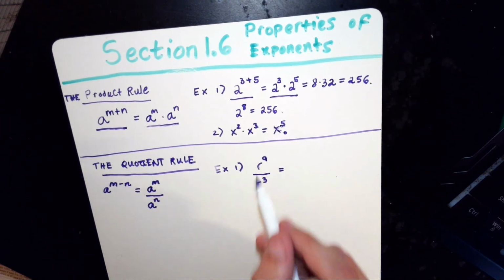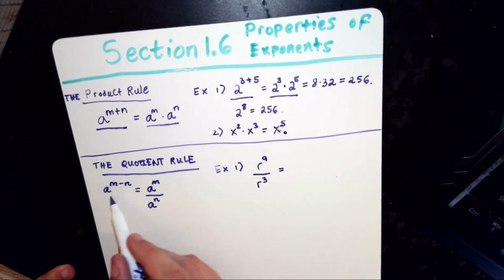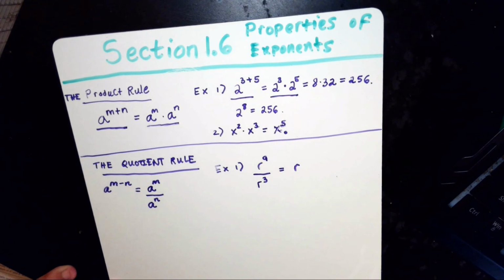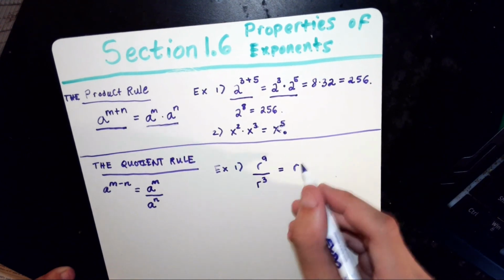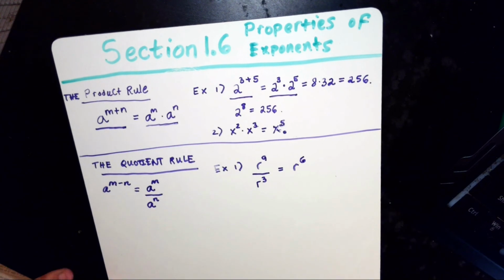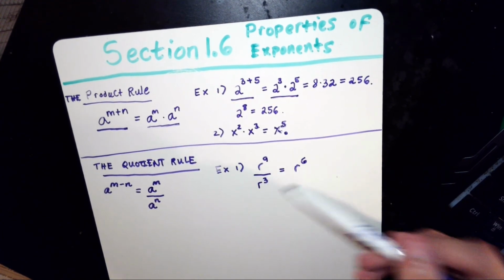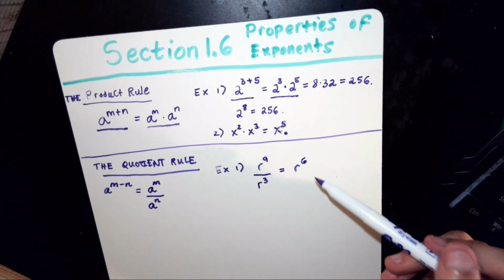We have m is 9 and n is 3. So we just need to follow the rule on the left. We just need to do r, it's still the same base, and then it'll be to the m minus n power, or 9 minus 3. That gives you the 6th power. So when you have division like this, you subtract, and we get r to the 6th.